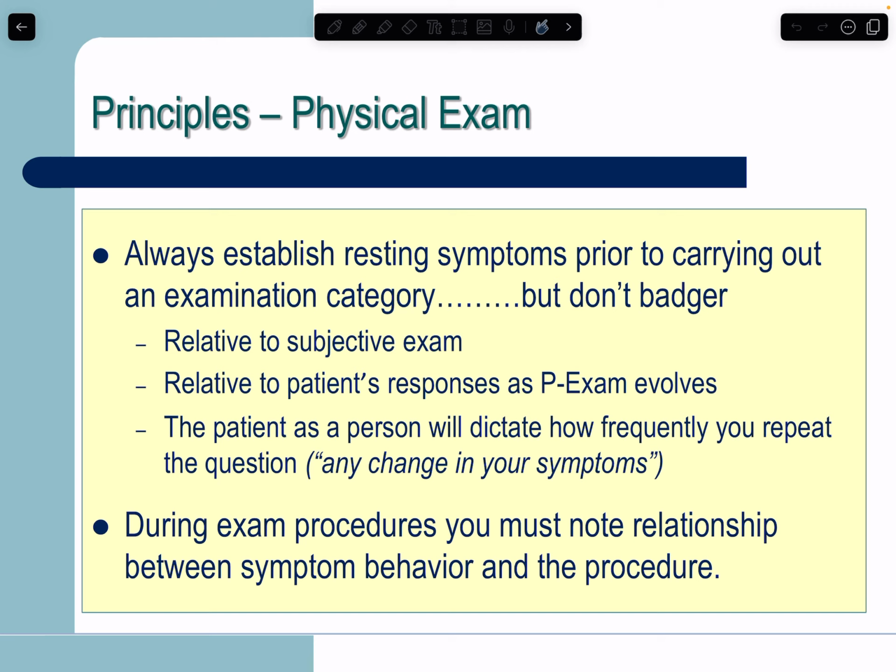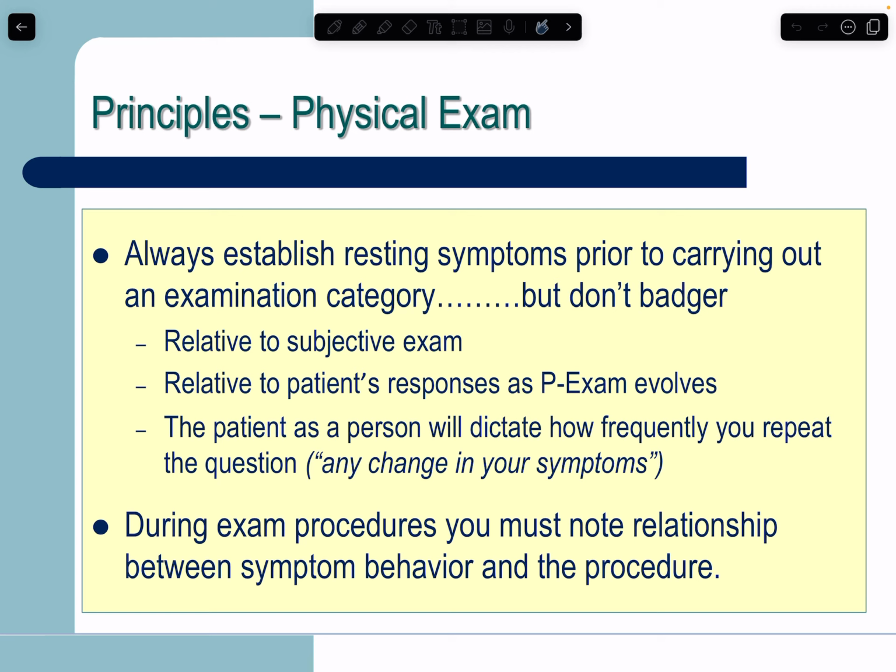So if you don't have somebody that has resting symptoms, you've clarified that. Then you can just say, let me know what happens when you raise your arm overhead or turn your head to the right. How does it affect your symptoms? But don't say any symptoms down, any symptoms down, any symptoms down. It's not necessary. If they have horrible resting pain, you can ask once and say, what's it like right now?